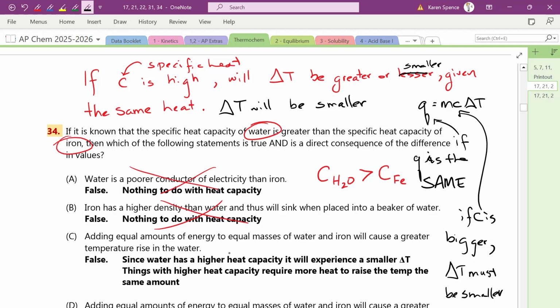And we're told that the masses are equal, so we can just ignore the mass term. So is it true that for equal masses of water and iron, you'll get a greater temperature rise in the water? No, because water has a greater heat capacity. It will have a smaller rise in temperature. So that's false.